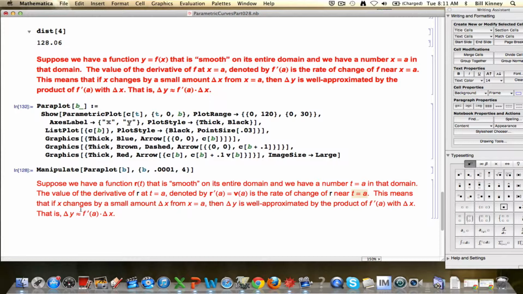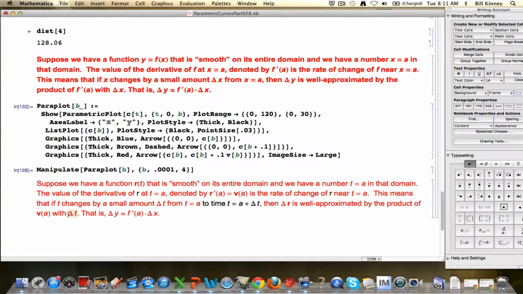What does that mean? That means if t, time, changes by a small amount, call it delta t, from t equals a, maybe I should mention that would mean to time t equals a plus delta t, then the change in r instead of y is well approximated by the product of the derivative, which is the velocity vector, with delta t.